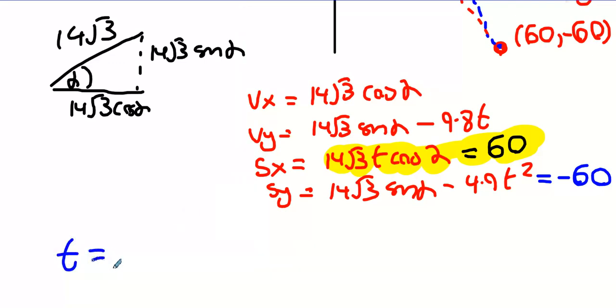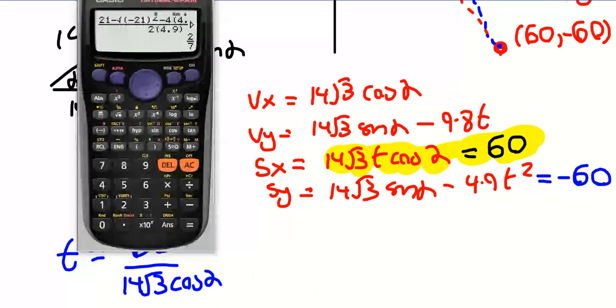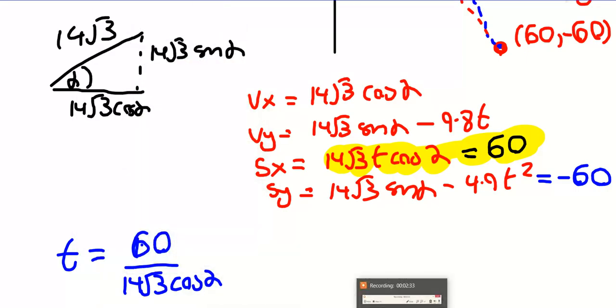So t, which is your time of flight, will be 60 divided by 14 root 3 cos alpha. 60 divided by 14 root 3 is 10 root 3 over 7. Okay, t equals 10 root 3 over 7 cos alpha.